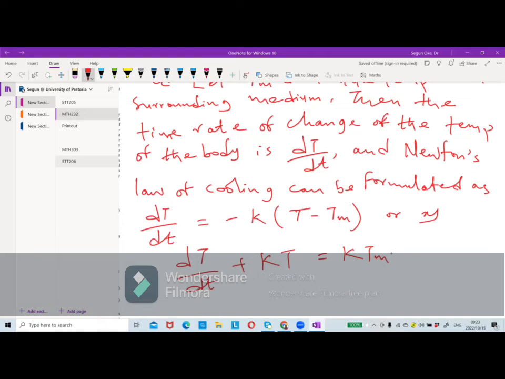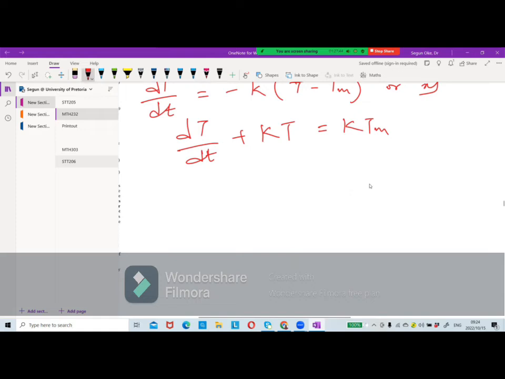So it's still the same thing. Tm is the medium. What is k? k is the positive constant of proportionality that we are discussing. When you say proportionality, you remember the proportion, the way we normally solve the proportion.